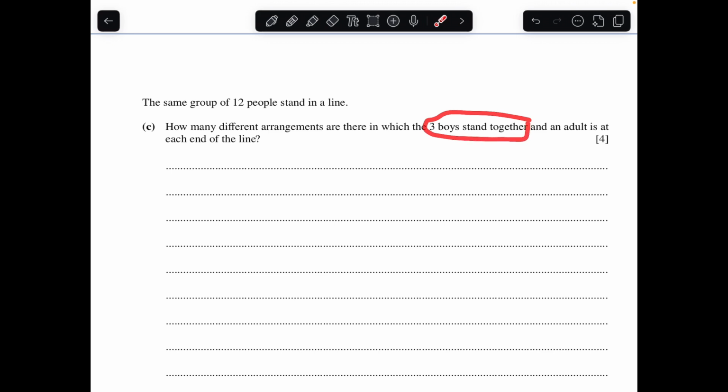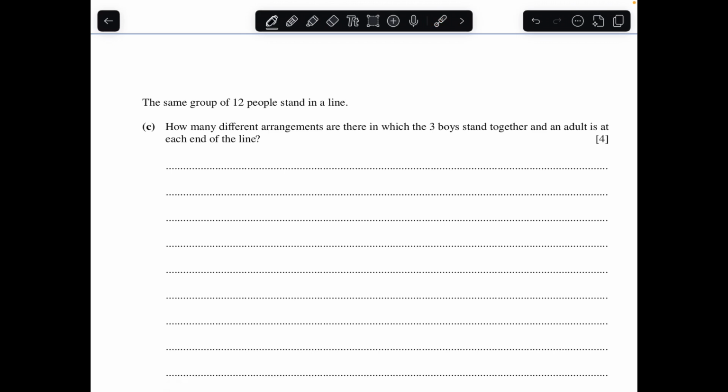If they're standing together, don't try and think about applying the method that I gave you before. All minus together, all possibilities minus together will not work because there are 3 boys. So when 3 boys are there, we cannot do all minus together because then we don't take into account 2 boys being together and 1 boy not being together. So that possibility makes problem.